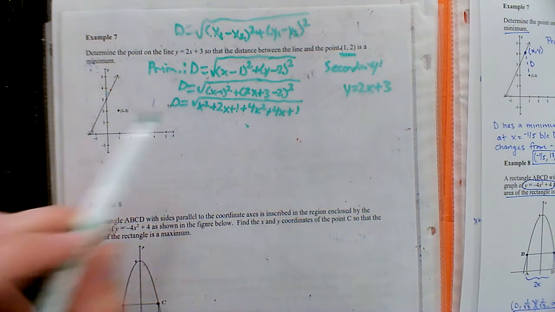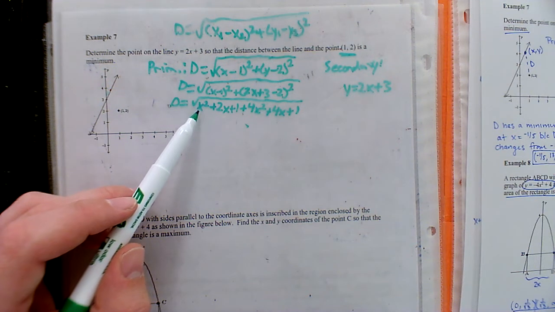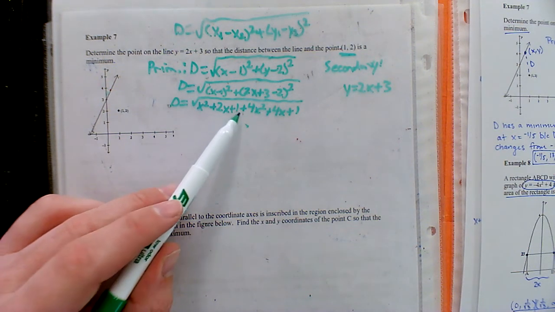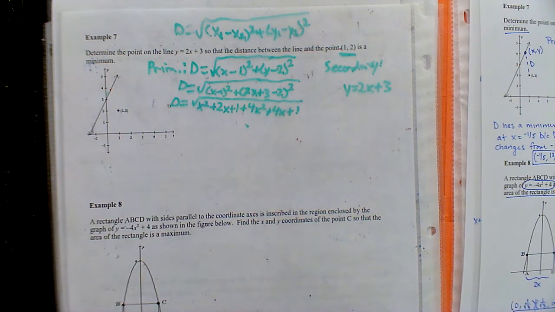Multiply it all out. If you want to check your answers as I read this: square root of x squared plus 2x plus 1 plus 4x squared plus 4x plus 1.